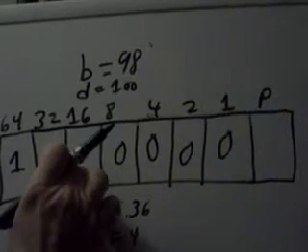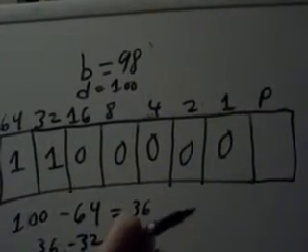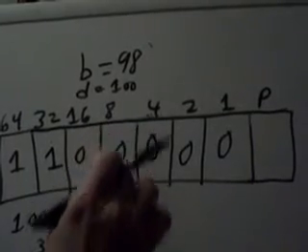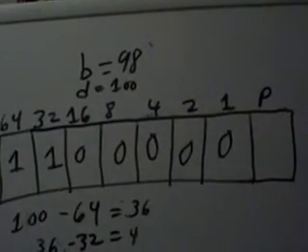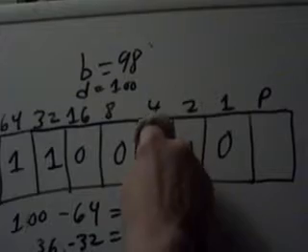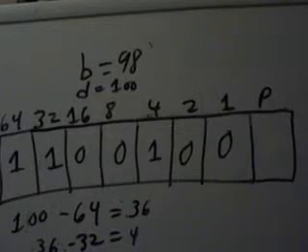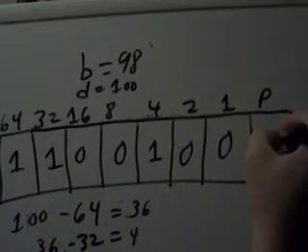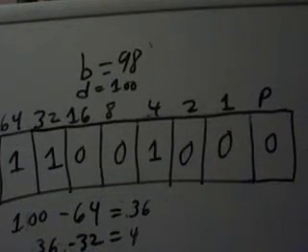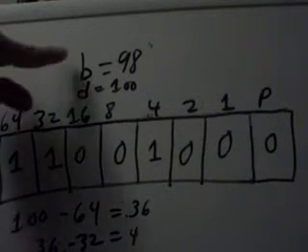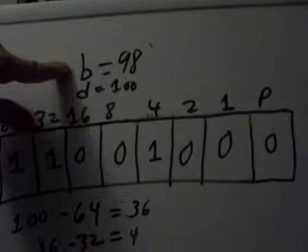Is 4 greater than 16? No, it's not. Is 4 greater than 8? No. Is 4 equal to 4? Yes, it is. Now, as you denoted earlier, what we're trying to send is 98.